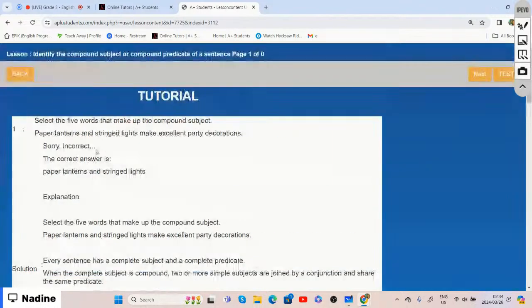All right, so let's first look at a few activities and then we're going to the test. It says we need to select 5 words that make up the compound subject.